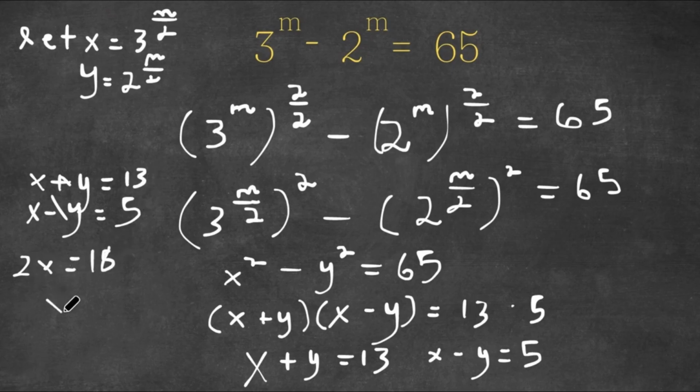And this means that x is equal to 9. So if x is equal to 9, then this means that y is equal to 4, right? Because 9 plus 4 is 13 and 9 minus 4 is 5. So we have y is equal to 4.